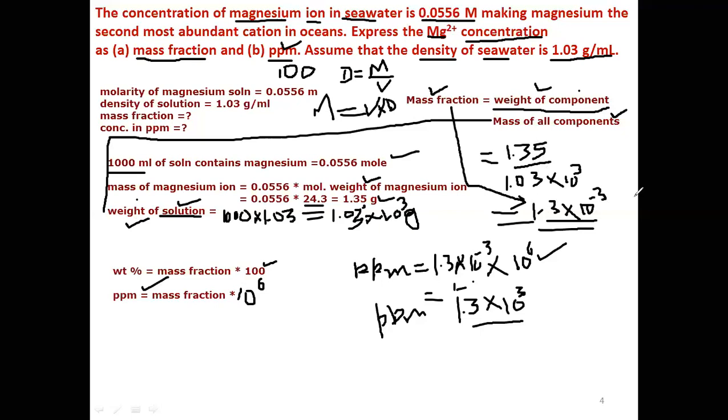It comes out to be 1.3 into 10 to the power minus 3, and ppm, we devised a formula, please remember it. ppm is equal to mass fraction multiplied by 10 raised to the power 6. As percentage is from 100, ppm is from 10 raised to the power 6. So if we put the value, this is the value in ppm. So that was all about this numerical.